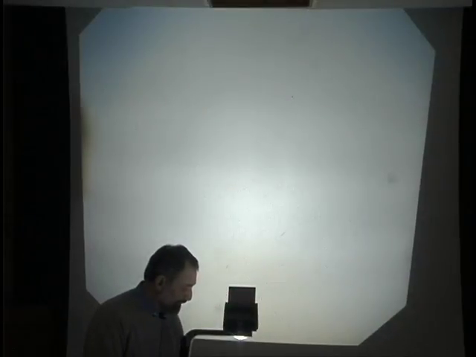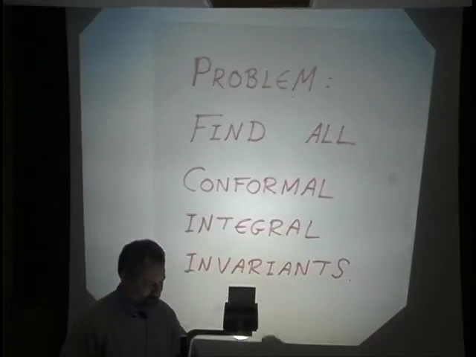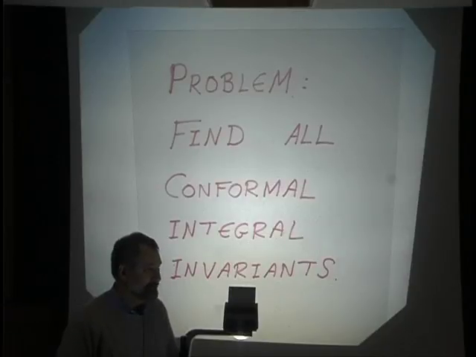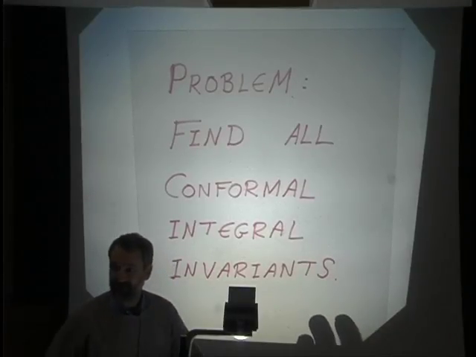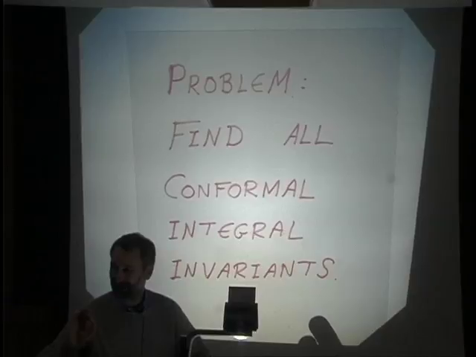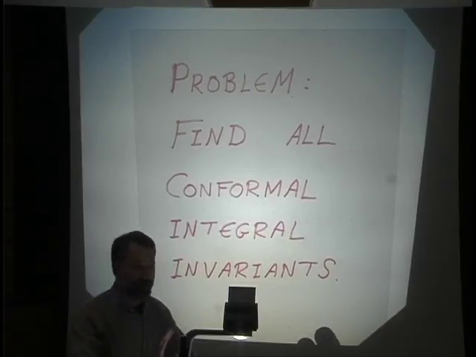Now, the problem that is solved by Spiros' proof of the Deser-Schwimmer conjecture is simply to find all possible conformal integral invariants. This is a problem with serious applications, but today I'm not going to speak of any of those applications. I'm just going to discuss a few points in the proof of the solution of the problem without worrying about why one cares.